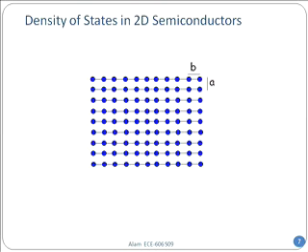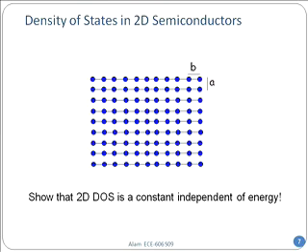Now this I will not do. This is your homework. You should be able to do it yourself, but convince yourself that amazingly, the density of states in a two-dimensional solid does not depend on energy at all. That's a very interesting thing. So you should be able to show that as a homework problem.